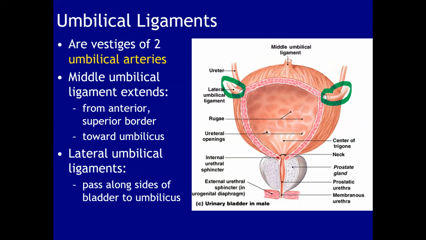There's also the middle umbilical ligament right here, and that middle umbilical ligament goes toward and attaches close to your belly button, where your umbilicus was. And then these lateral ones pass along the sides of the bladder toward the umbilicus.